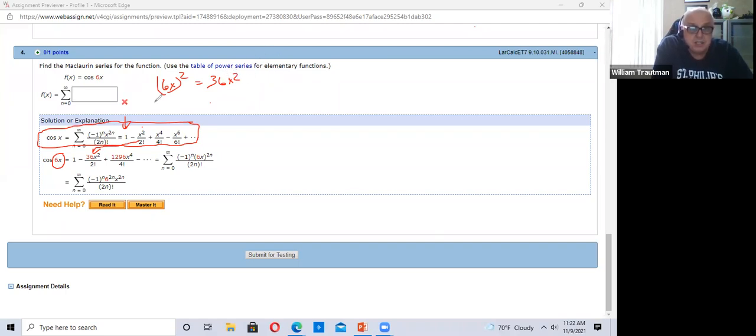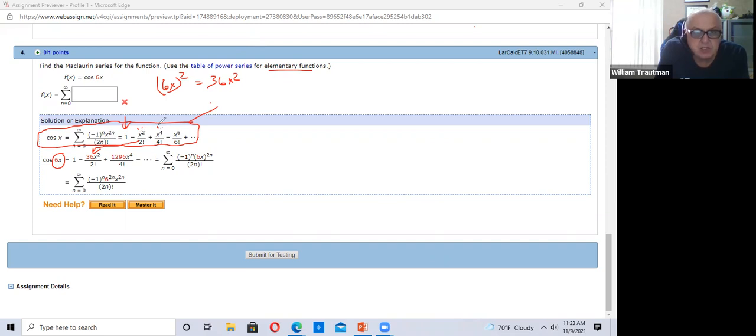And once again, they don't show us those missing pieces, but we don't care about those because we're just plugging 6x into each one. We don't have to go through that whole process again. All we have to use is the table from the elementary functions.